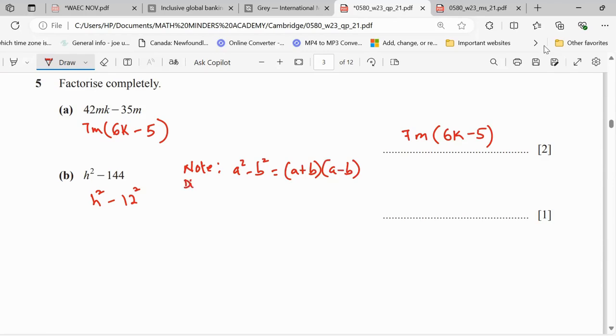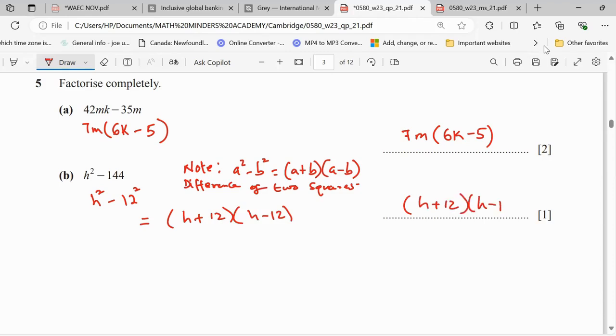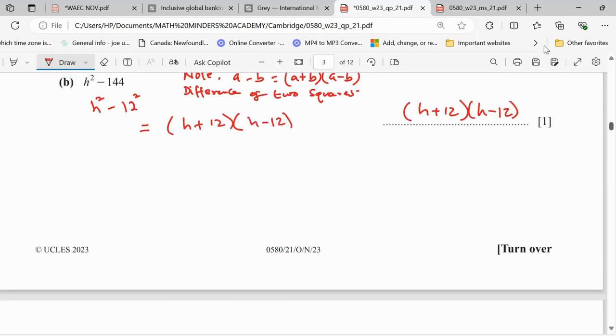That idea will help us here. So this is going to be H plus 12, H minus 12. So we write it here, H plus 12, H minus 12. And we proceed to the next question.